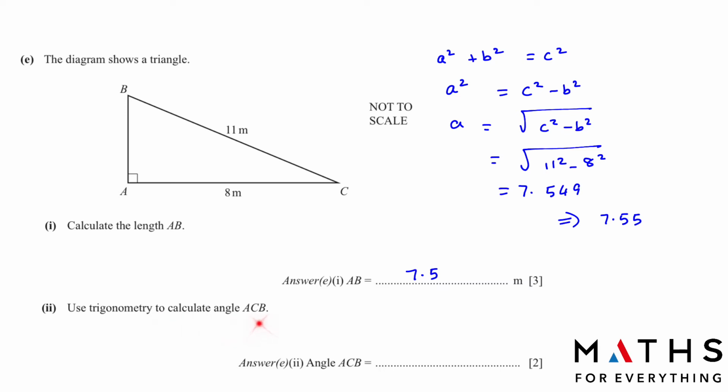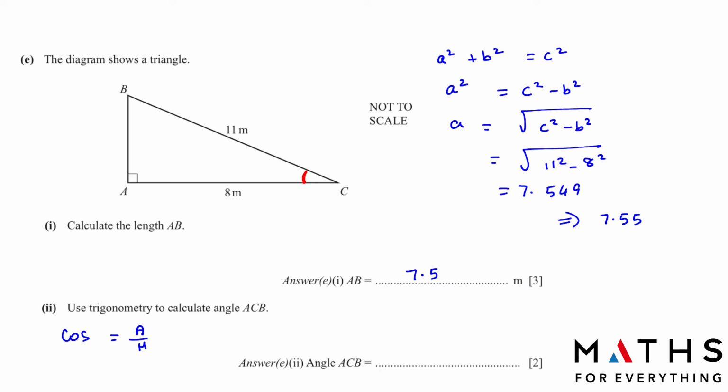Use trigonometry to calculate angle ACB. We have to find this angle, and the adjacent has been given to us. This is the adjacent, and the hypotenuse is given to us. Whenever we have adjacent and hypotenuse, we use cos.